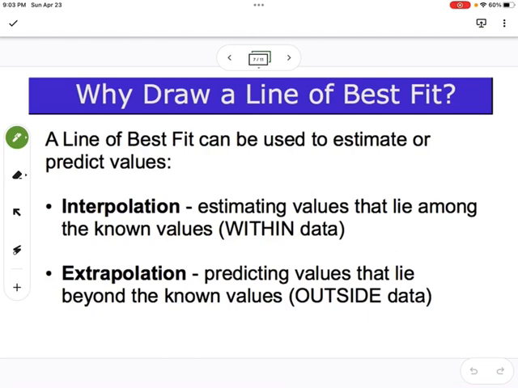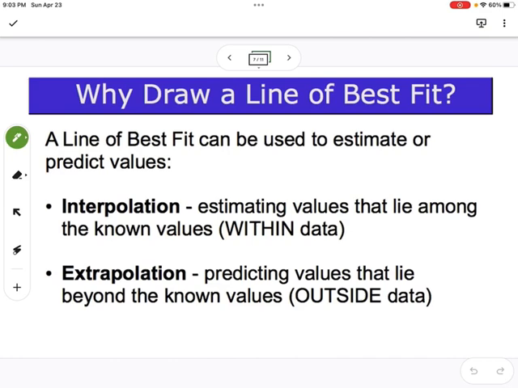Not every point is going to be on that line. So this is an estimate or predicting values rather than there being a very specific answer. If it was a linear graph, we would have a specific answer, but because it's a scatter plot, not everything is exact, we are making an estimate.